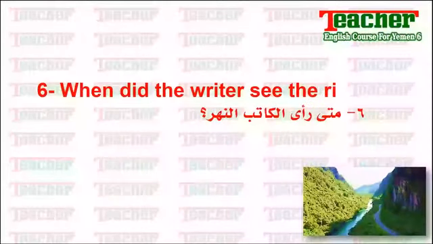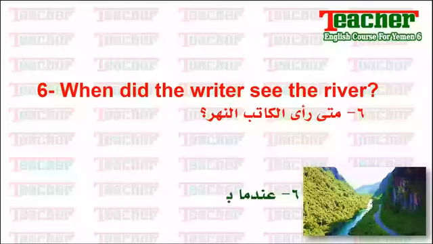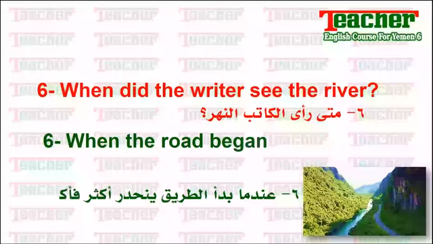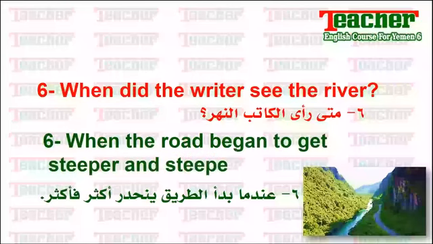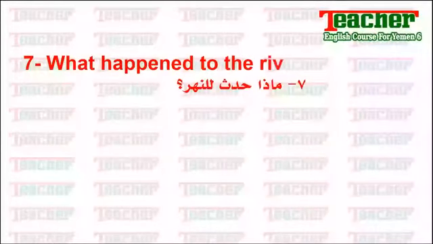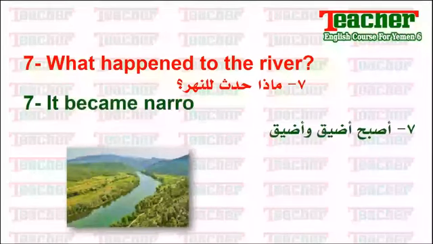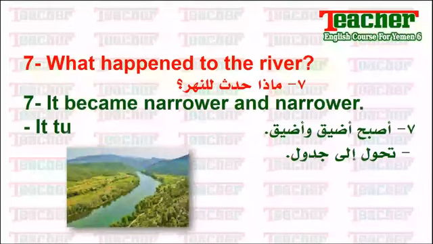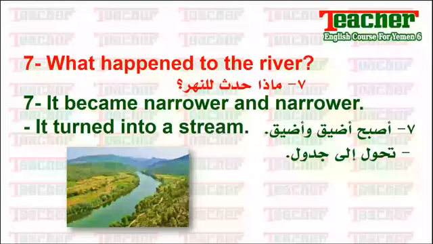When did the writer see the river? When the road began to get steeper and steeper. 7. What happened to the river? It became narrower and narrower. It turned into a stream.